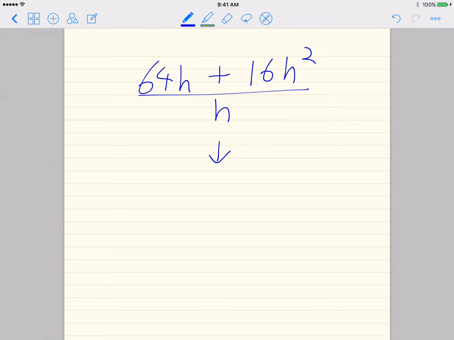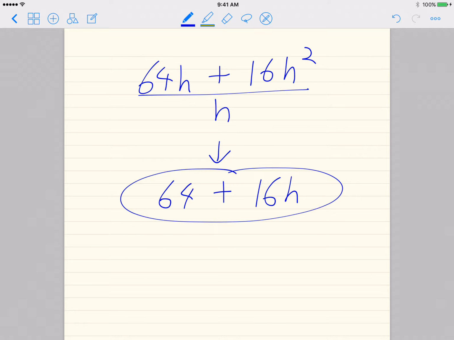And notice both terms have at least an h. So that could be simplified more by dividing by h. 64h divided by h is 64. 16h squared divided by h is 16h. And that's the simplified expression.